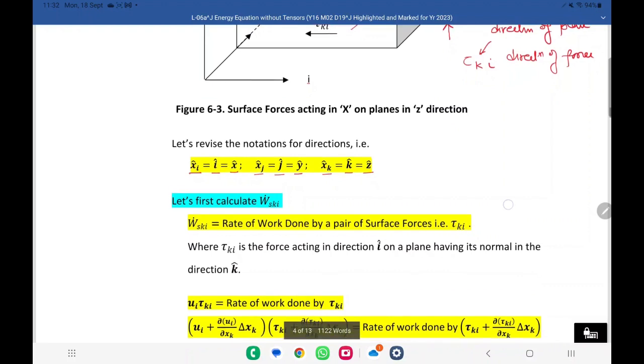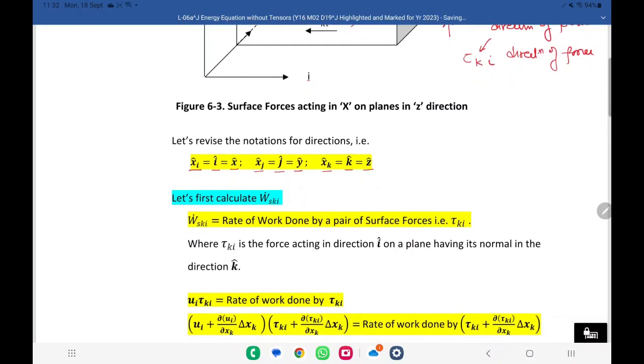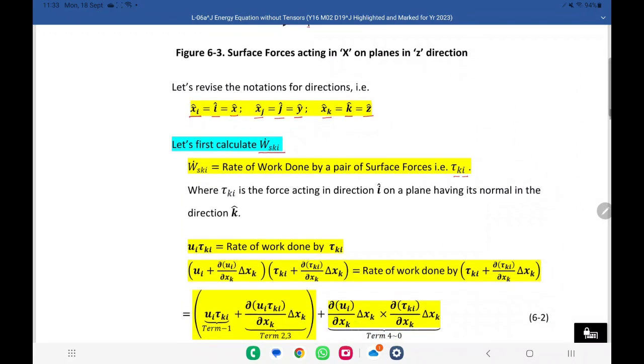Now what we are doing, we are calculating work done by surface force, only two forces which are in direction k and which are acting on plane k and in direction i. Now this is written as tau ki.